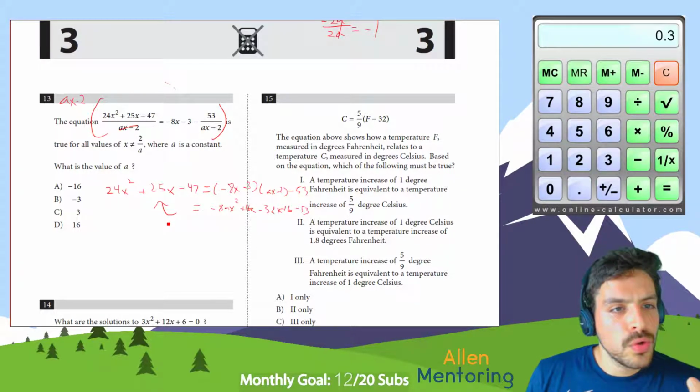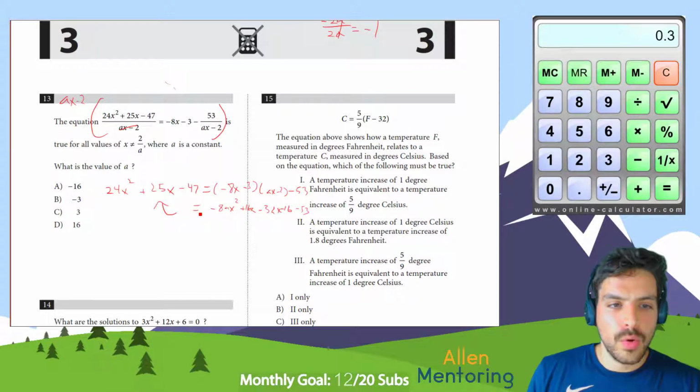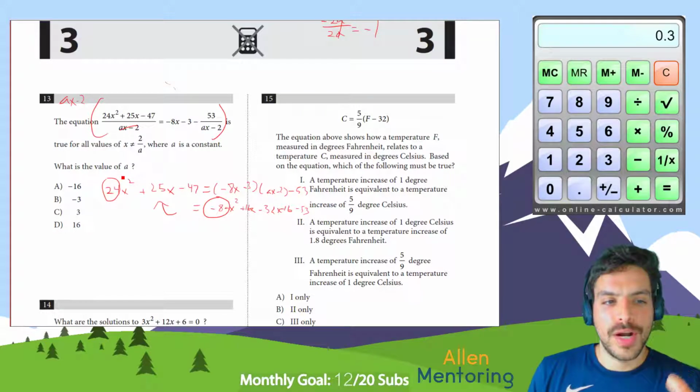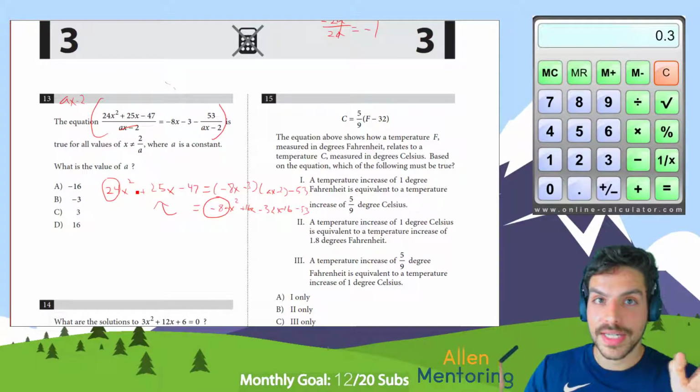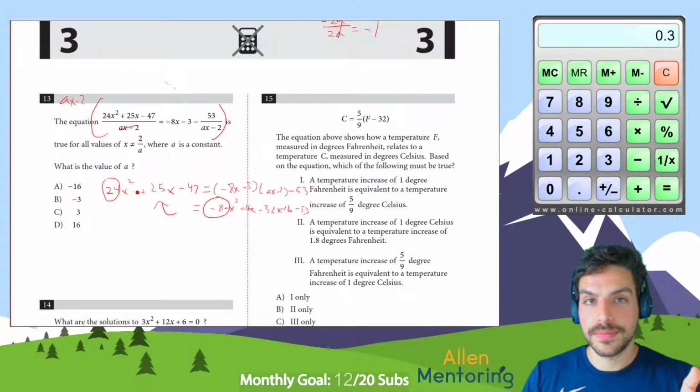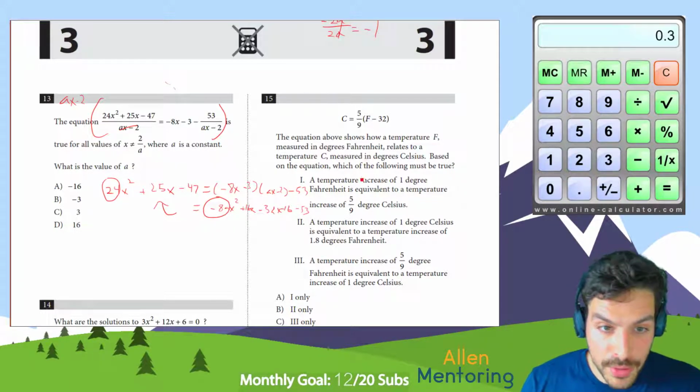But what's cool is that these two equations are equal to each other. All right, and so if that's the case, we see that negative 8a must be equal to 24, right? Because the leading coefficient of x squared will always be equal on both sides if the equations are equal to each other, okay? And this is true also because plus 6 minus 53 is equal to minus 47, right?